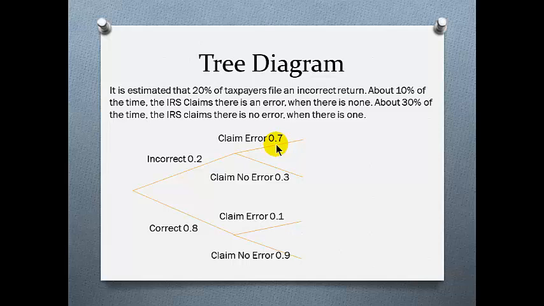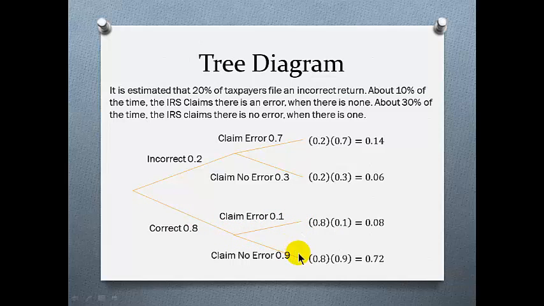Building this tree is very important to help us visually see and multiply down the lines to get our probabilities. 0.2 times 0.7 is 0.14. 0.2 times 0.3 is 0.06. Going down the south part, 0.8 times 0.1 is 0.08. 0.8 times 0.9 is 0.72.